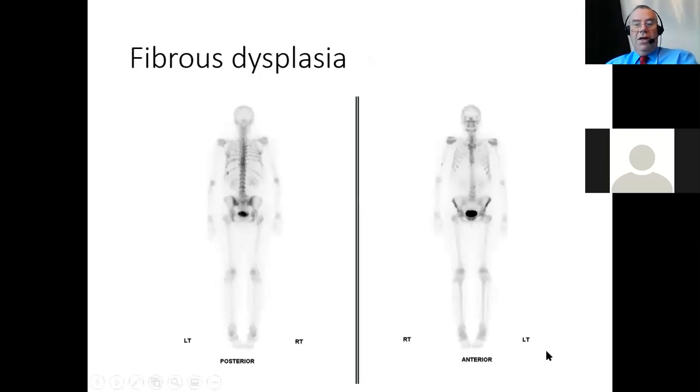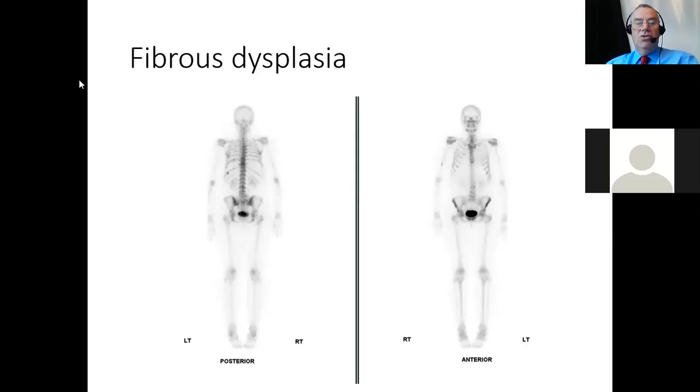So this is a patient with fibrous dysplasia. You can just see here that on this side of the pelvis, there's slightly increased uptake around the SI joint and the upper part of the pelvis. It's not particularly active fibrous dysplasia. It's not like some of the other diseases where you see, particularly osteosarcoma, very intense uptake, but you can see it.